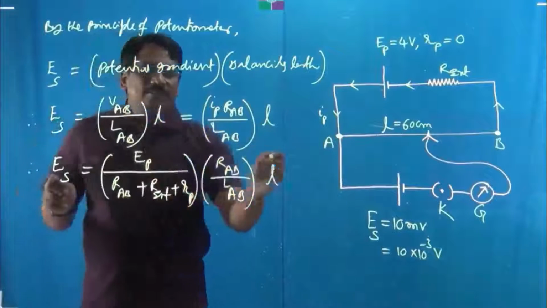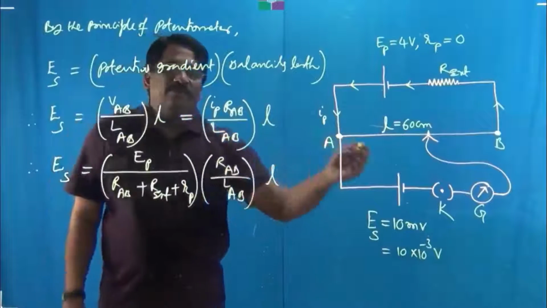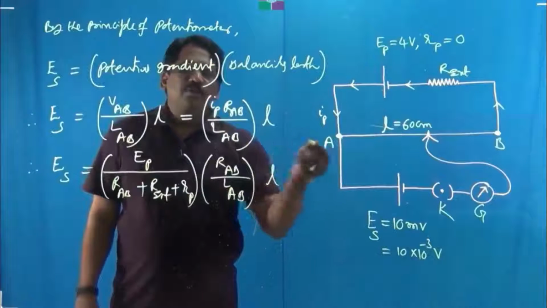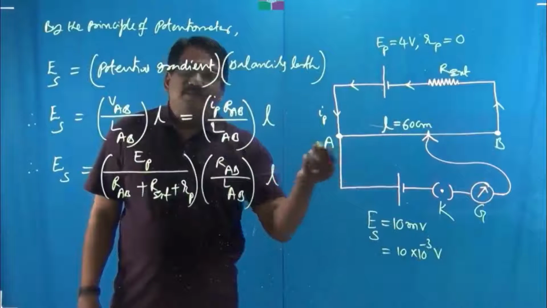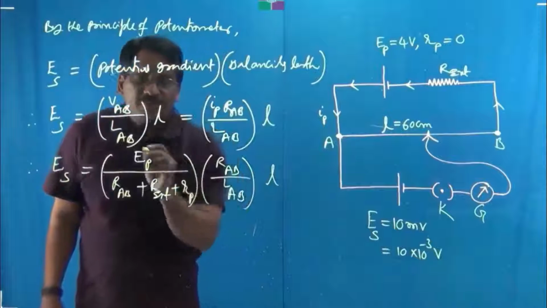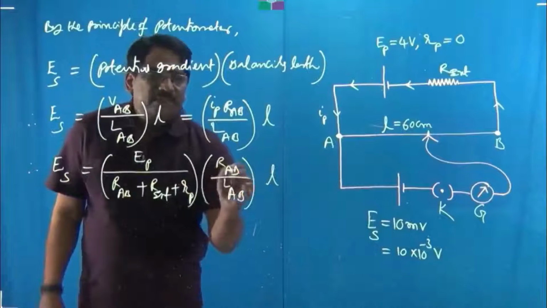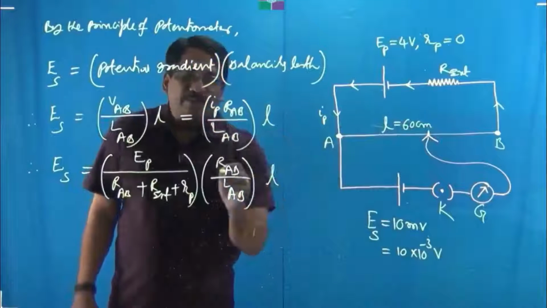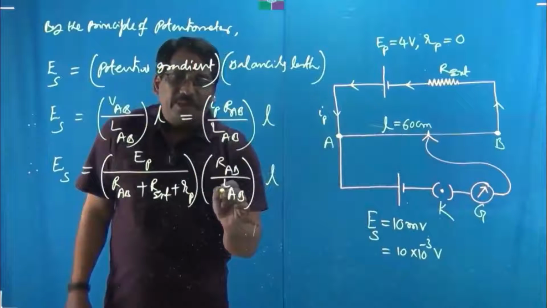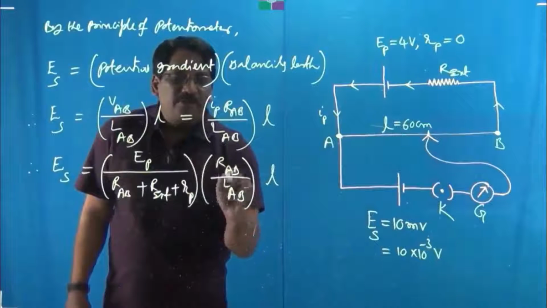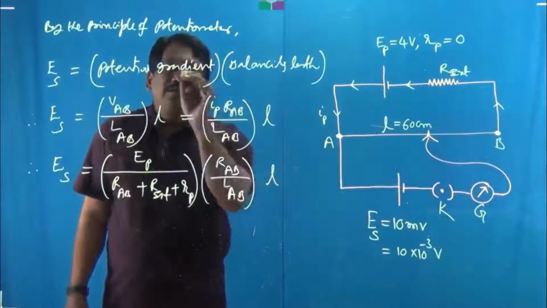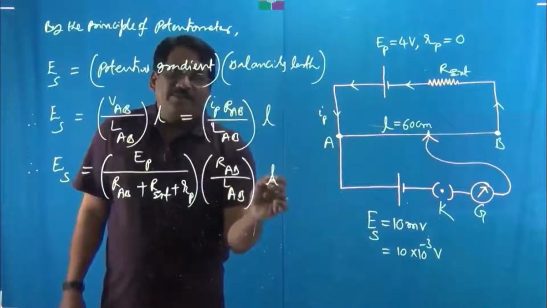Actually, this is the most comprehensive formula to be used in solving questions based on the potentiometer. This term stands for I primary. This is the resistance of the potentiometer wire divided by the length of the wire. I primary into R of AB divided by L of AB gives the potential gradient, into the balancing length.